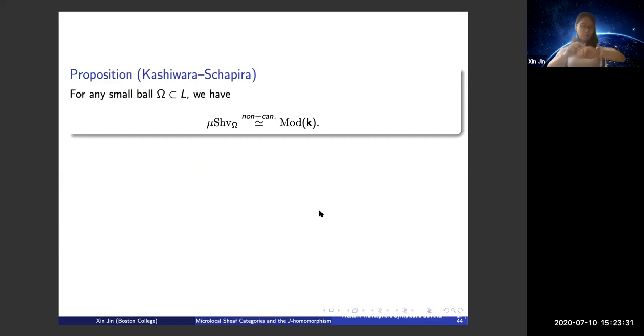So maybe I'll just state a proposition which is the basis for showing that this defines a sheaf, a local system of categories. For any small ball omega in L, we have this musheaf of omega non-canonically equivalent to K-modules.